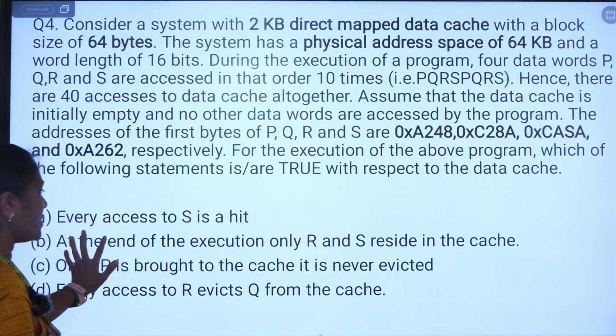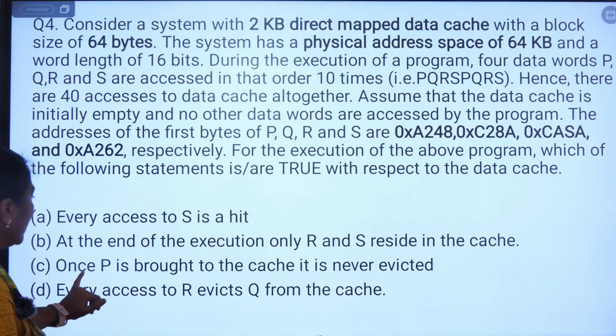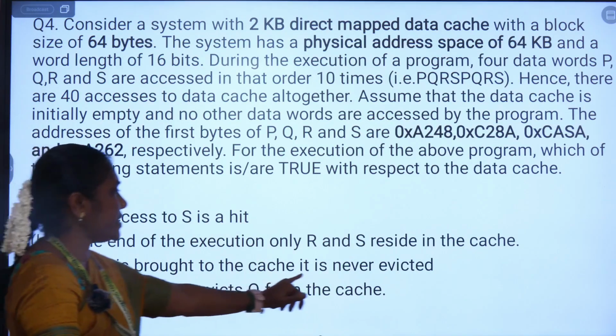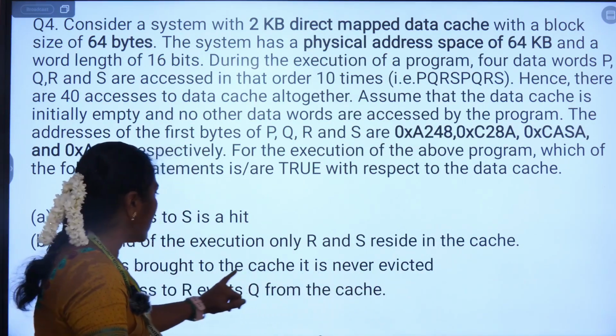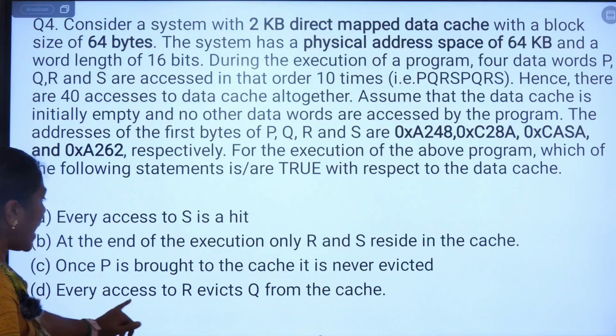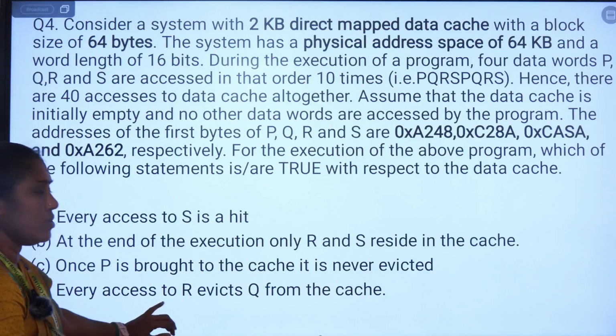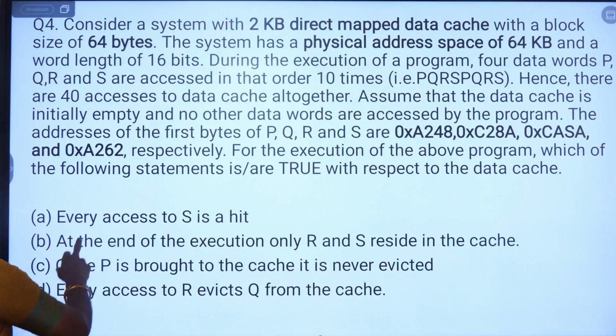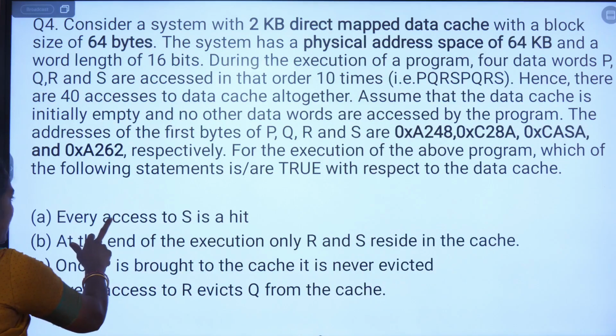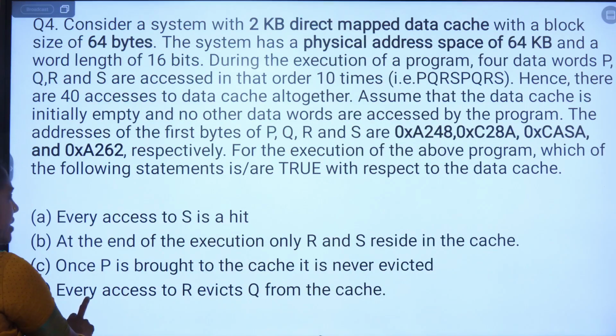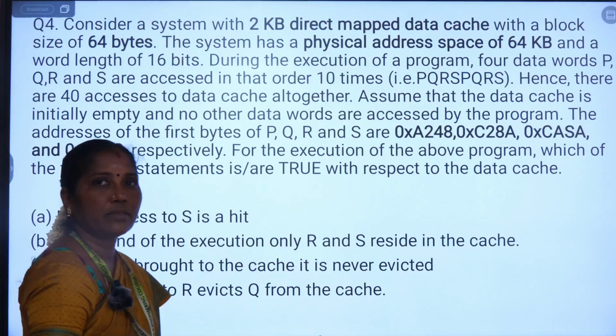This is not the option; this one is wrong. And once P is brought to the cache, it is never evicted. This one is also true. Whereas every access to R evicts Q from cache. This is also true here. So the answers are A, C and D. Thank you.